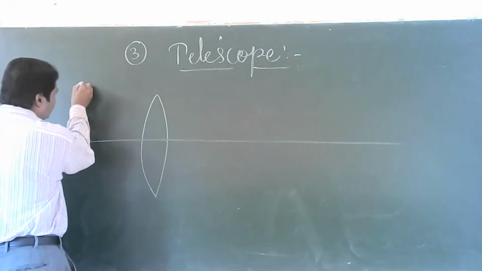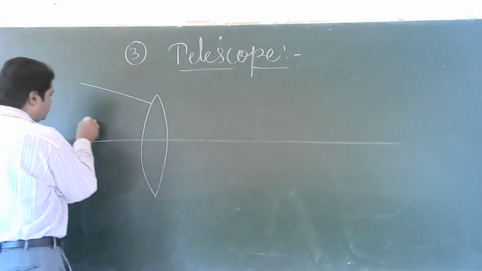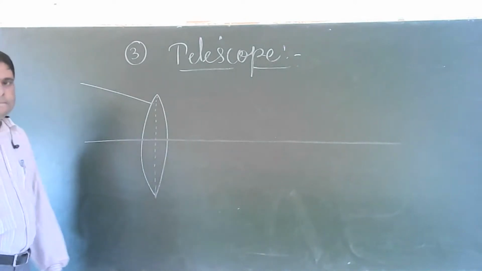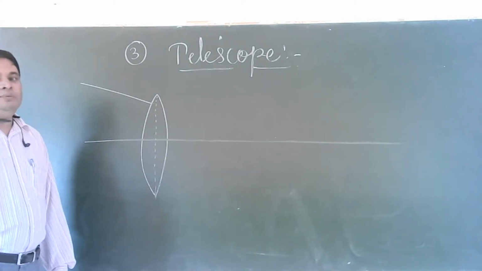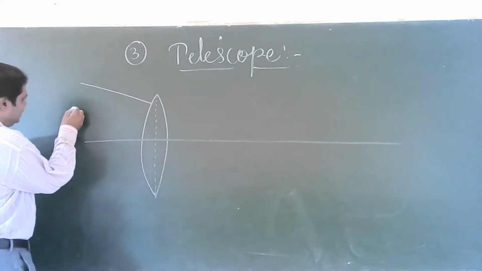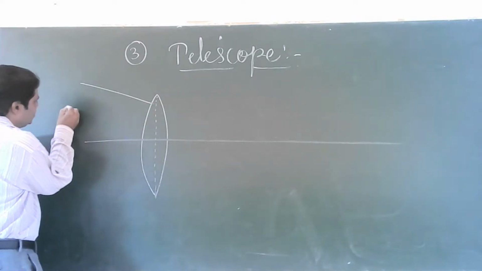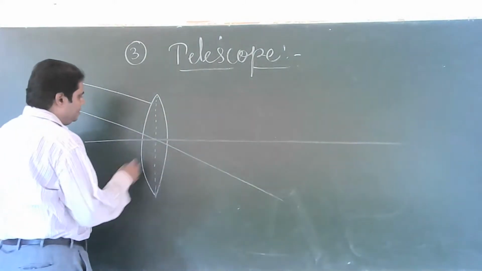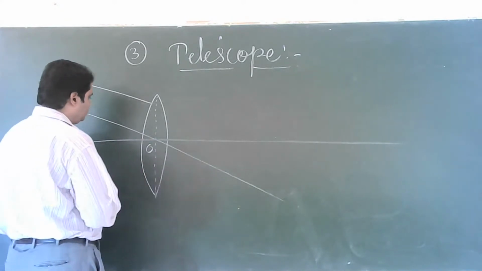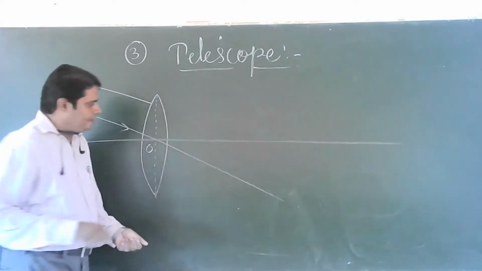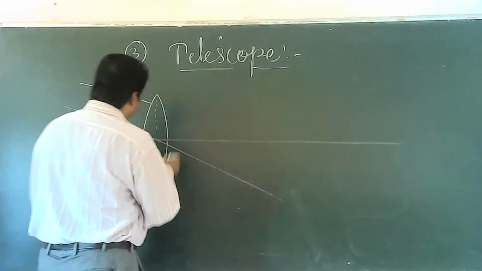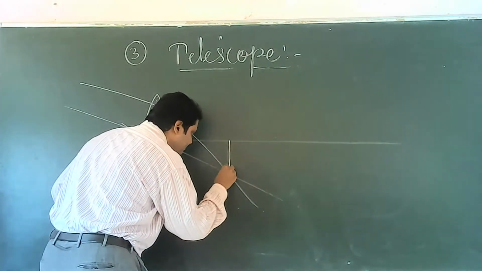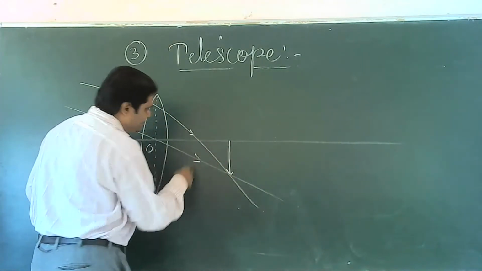When a ray of light from any object which is at infinity is incident, we observe this is O. I will draw somewhere here. The image is formed here. This is an image.